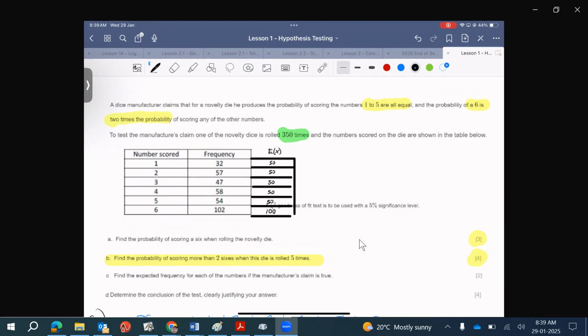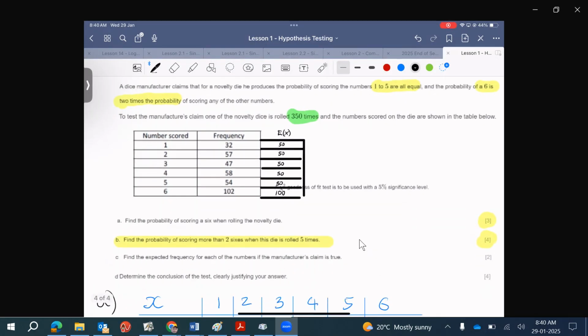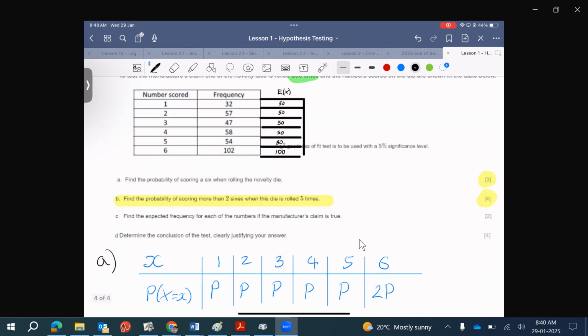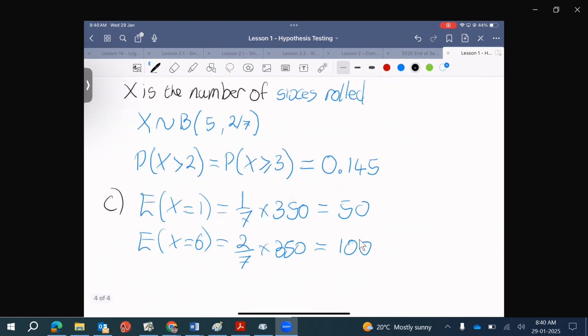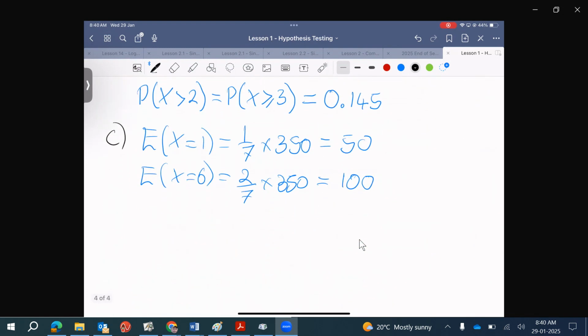All right, so we have to determine the conclusion to the test. So for D, in order to do the test, we need the degrees of freedom. So let's put that on our page, because it might get us a point. So the degrees of freedom is rows minus 1, which equals 6 minus 1, which equals 5.